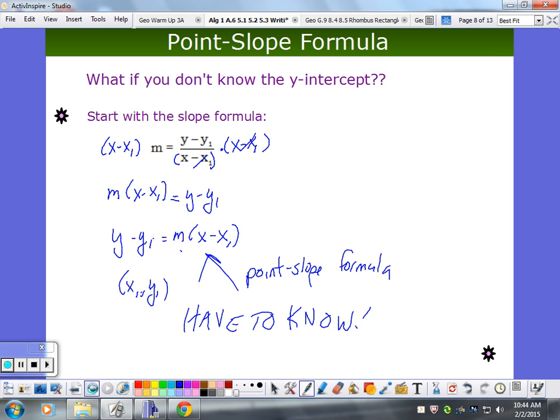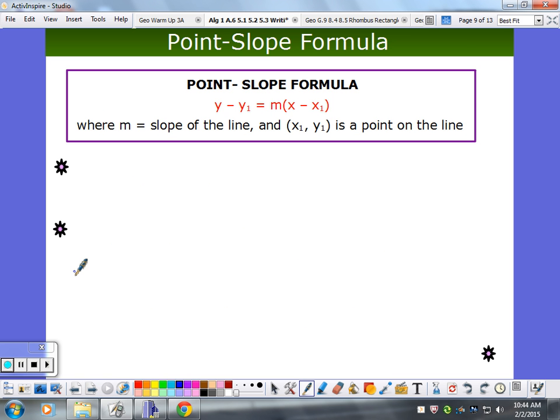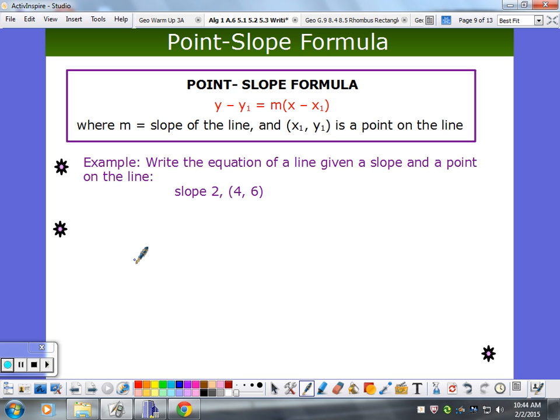Okay, so let's see how it works. Suppose I want to write the equation of a line, and just to kind of make a picture of it, it goes through the point (4, 6), and it's got a slope of 2. You can go up to the right one or down to the left one, right? You get something like this. What is the equation of that line?